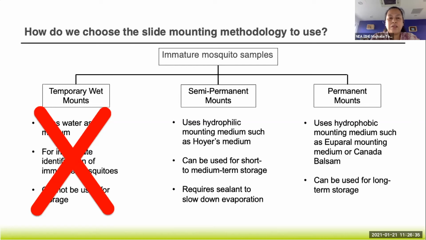The only thing is that Canada balsam turns more yellow through time. And also, some of the components for using Canada balsam are no longer advised, like the use of xylene. So we've been using Euparal mounting medium lately, and I will show you later how it's done for the whole mounts of larvae and for the skins of the pupa. So this is what we use for long-term storage, and you can opt to use whatever is available in your area.